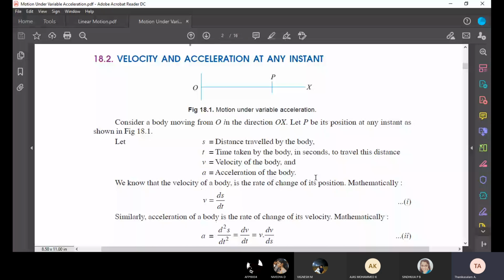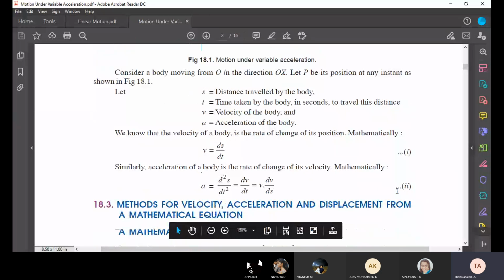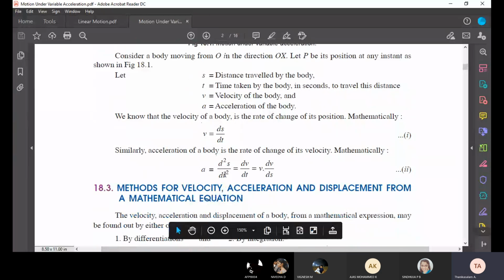Therefore, the other definition is a equal to d squared s divided by dt squared. Understand? So small a equal to d squared s divided by dt squared, or dv by dt.